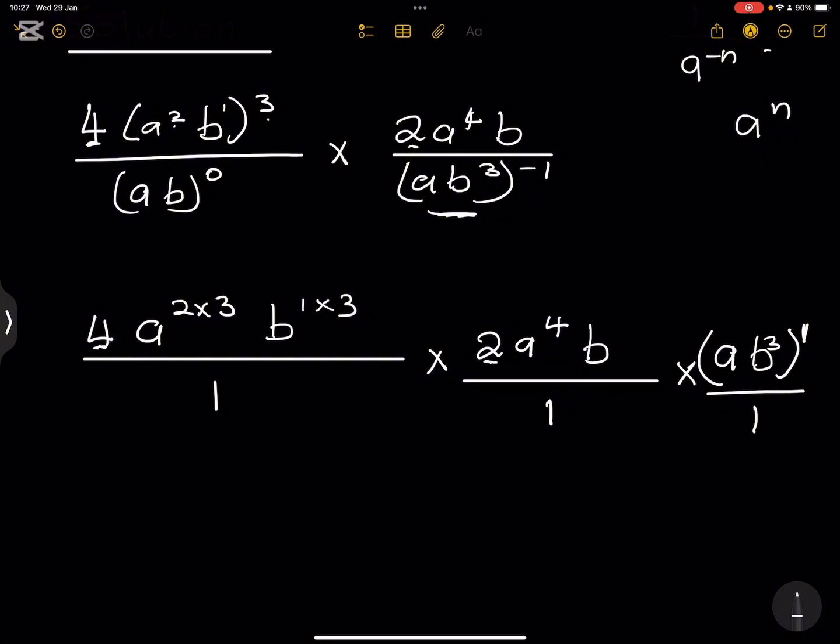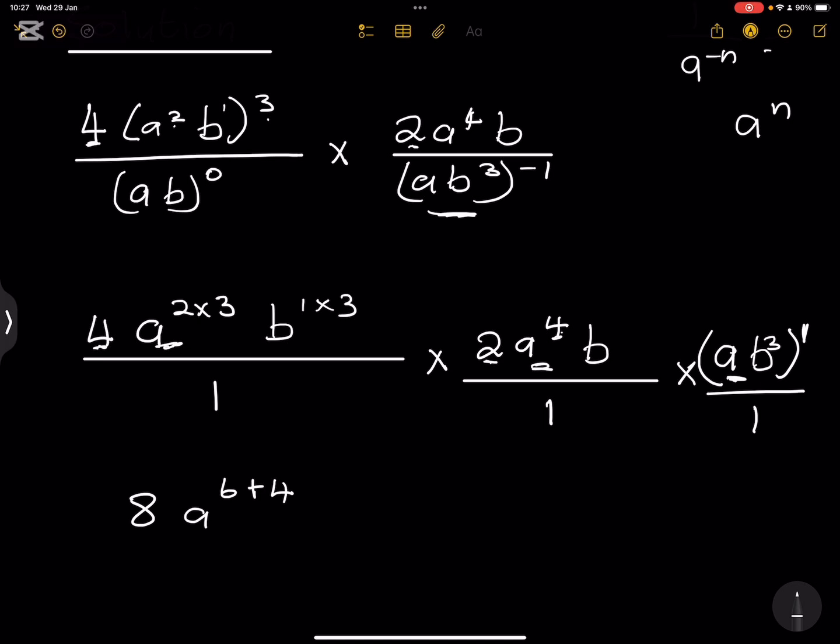So I've got coefficients, 4 times 2 gives me 8. We've got a. Now remember, if I'm multiplying and the bases are the same, I'm adding those exponents. So I've got a to the power of 6, a to the power of 4, and a to the power of 1.